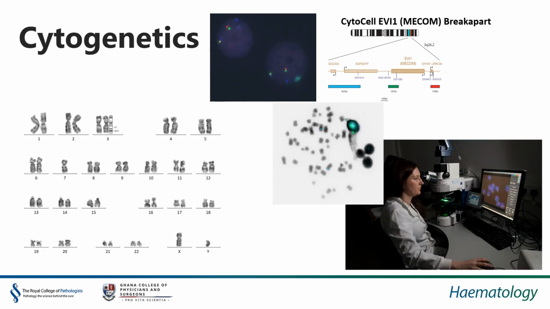It also includes cytogenetics, including G-banding and FISH. Here we have a gentleman's karyotype with 45 chromosomes present. But also we can see we've got a monosomy 7 there, a loss of one of the chromosome 7s, and an abnormal chromosome 3.